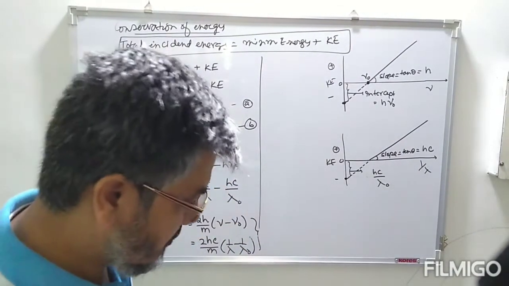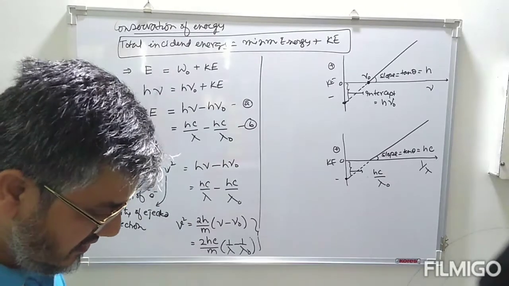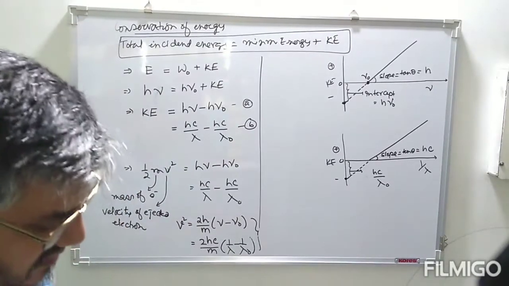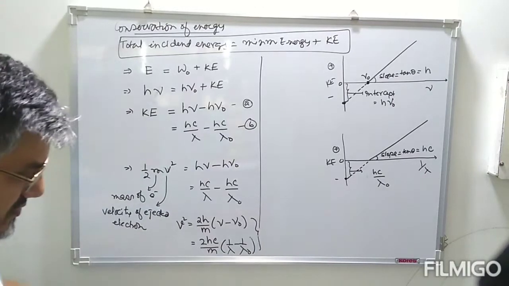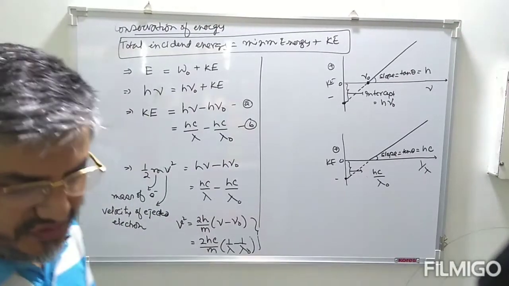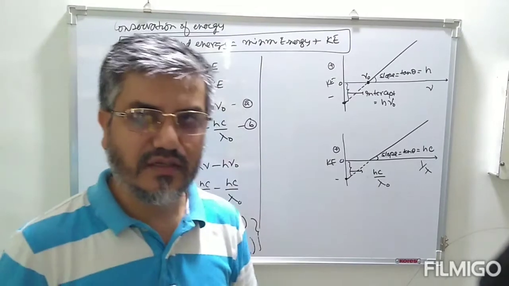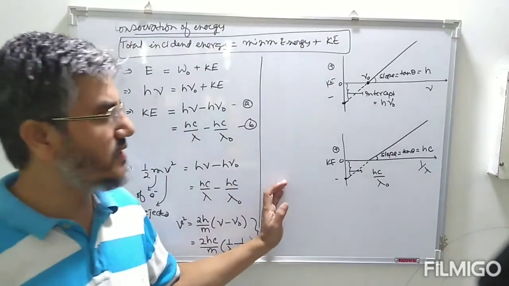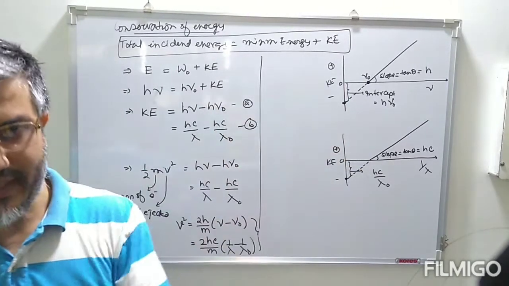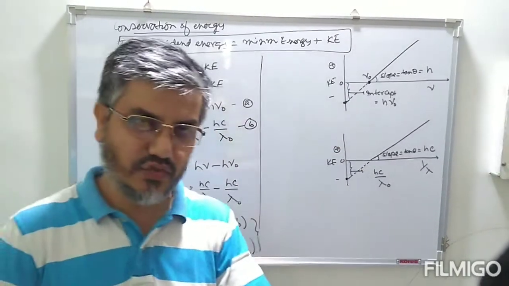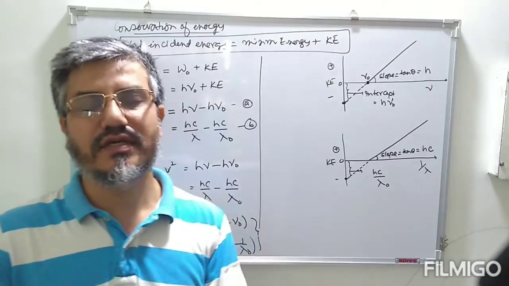So we have this. Now sometimes energy is also expressed in terms of stopping potential. Stopping potential is the potential that must be applied so that there are no photoelectrons.